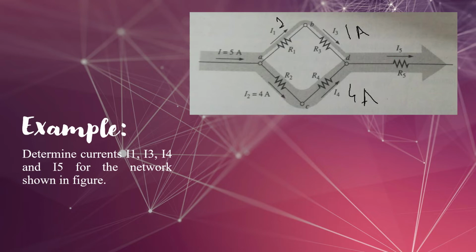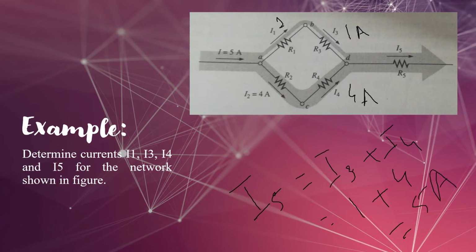So we can write that I5, the sum of current leaving the node, is equal to the sum of current entering the node. Substituting the value of I3, which is 1 ampere, and I4, which is 4 ampere, we get the value of I5, which is equal to 5 ampere.